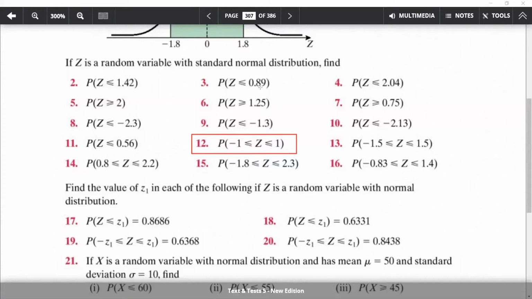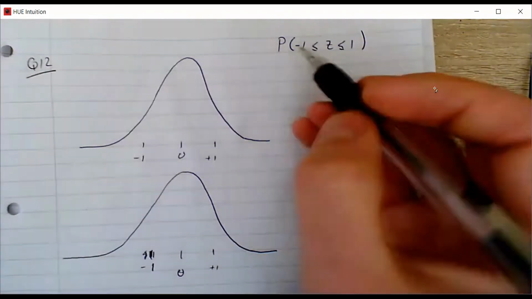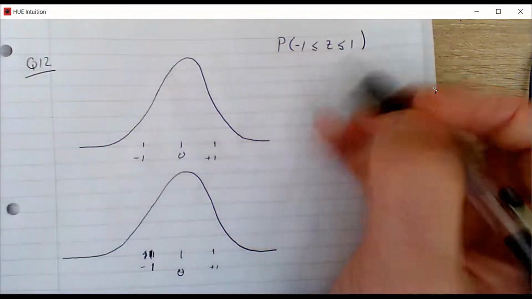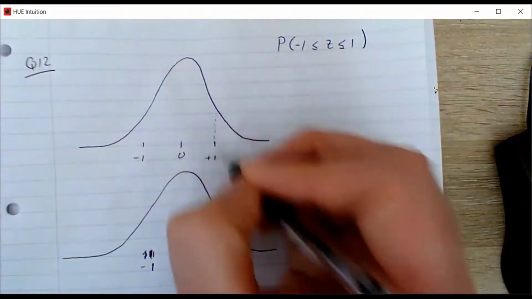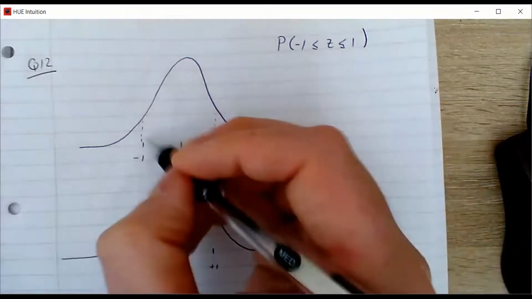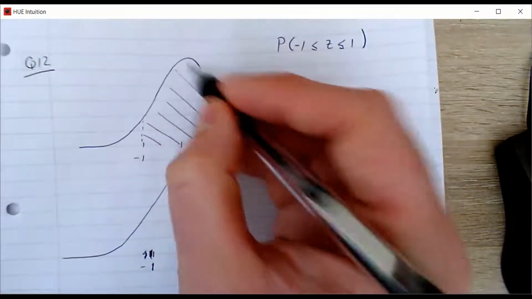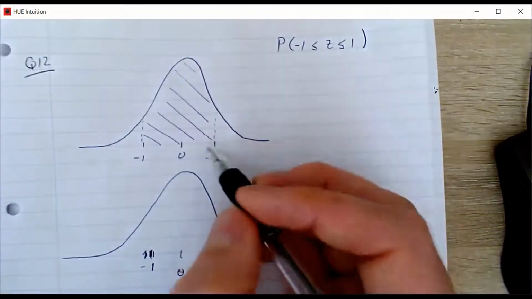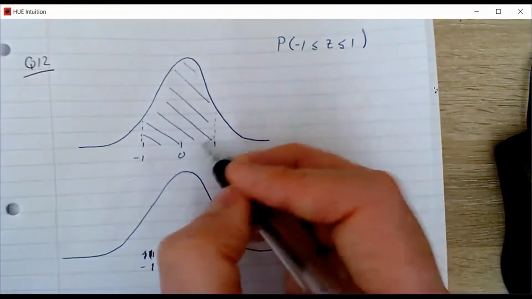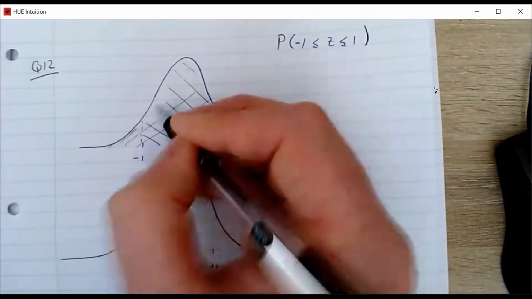Okay, so I've got 2 diagrams drawn out here because we're being asked to show the proportion of values that are less than +1 and greater than -1. So in order to get this area here, remember my log tables tell me the total area less than +1. So that's including this little bit over here.